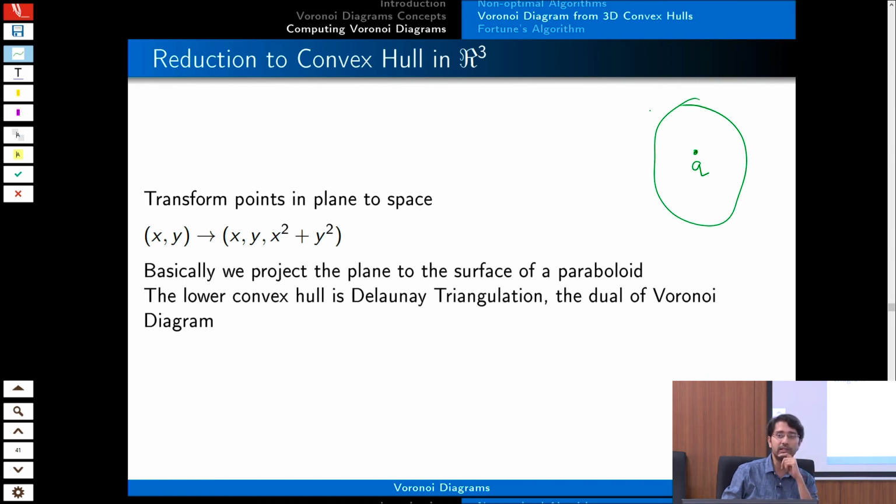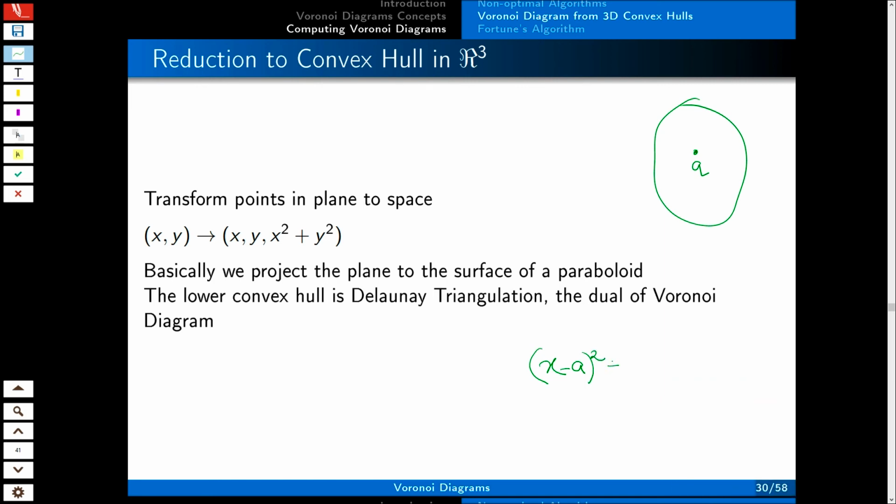What is the equation of a circle? Right, this is the equation of a circle. Now suppose I am doing a transformation. A transformation is a function by which I take each point in R2 and project it somewhere in R3.